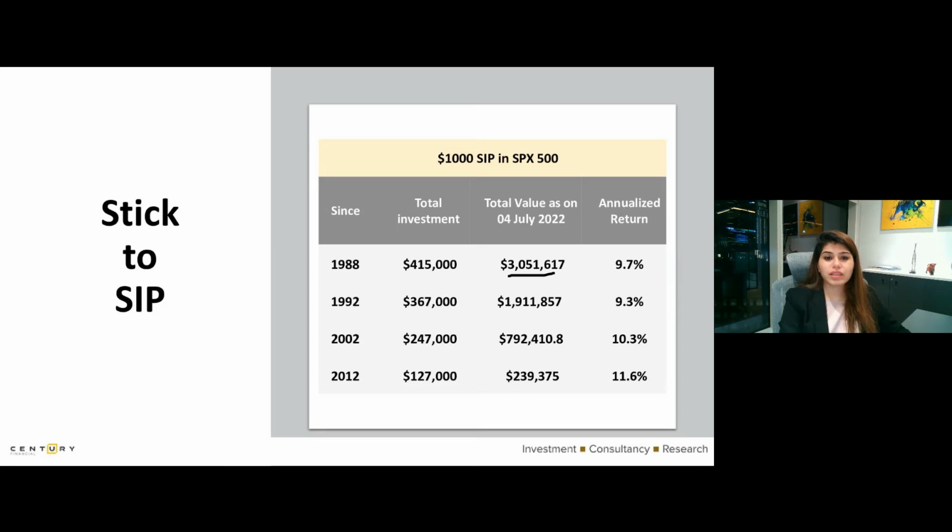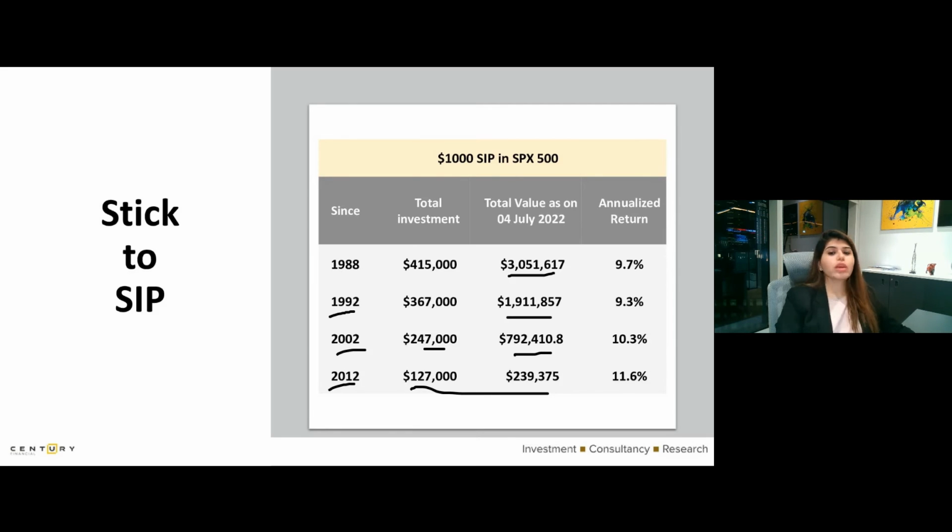If you invested since 1992, it would have grown up to almost $2 million. If you invested for the last 20 years, you would have seen your portfolio almost increase to three times. And since 2012 onwards, if you invested nearly just $1,000 every month, your money would have easily doubled in that span of time.